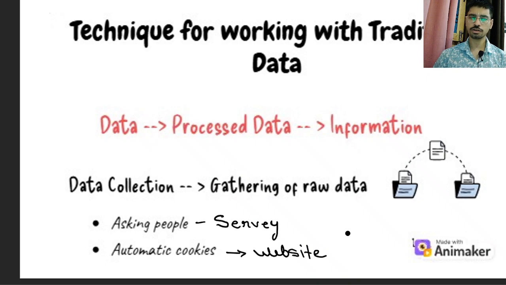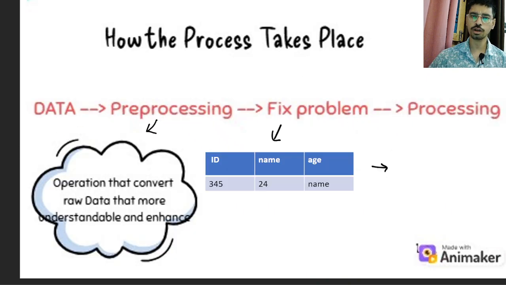Now let's move further and understand what processes take place. As we know, we have data, so we pre-process it. In pre-processing, we basically convert the raw data into something more understandable and enhanced. After that, we fix the problems.